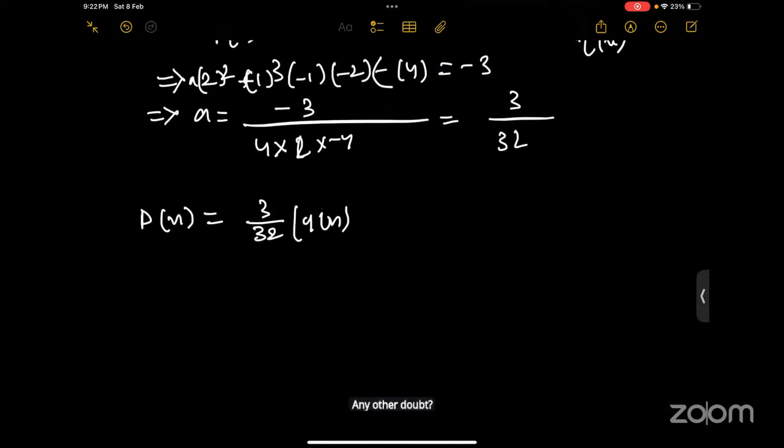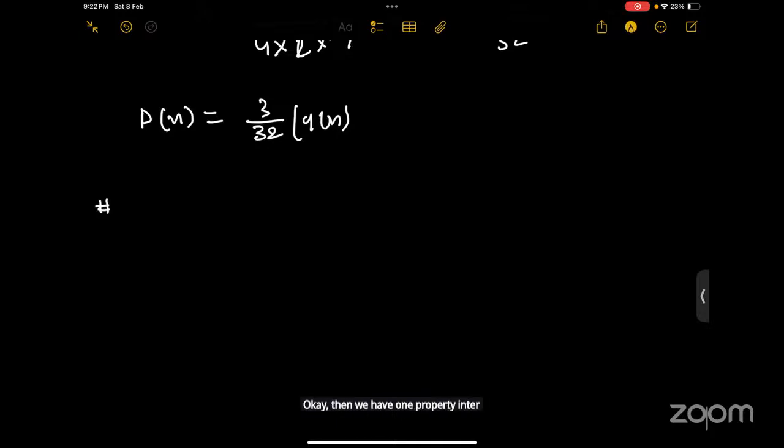Then we have one property, the intermediate value property, or IVP.